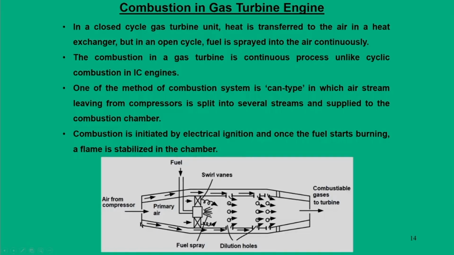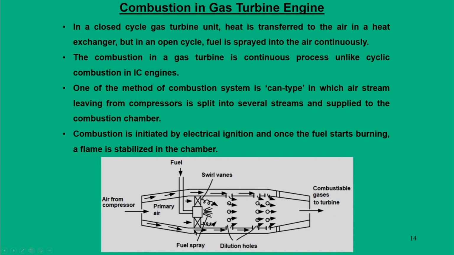If you look at the figure here, whatever I have discussed I can explain with respect to this figure. At the inlet the air comes from the compressor, and after the combustion process is over, the combustible gases go to the turbine for expansion. When air enters the combustion chamber, there are different possible ways of entering.